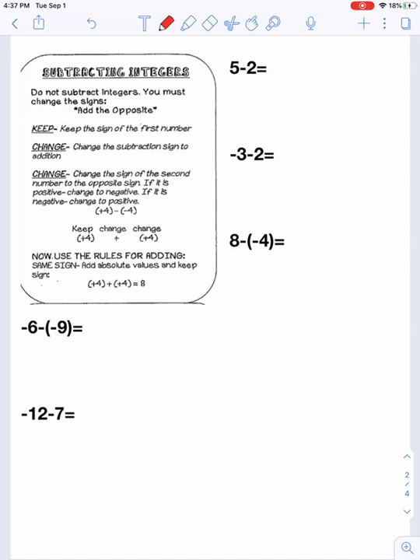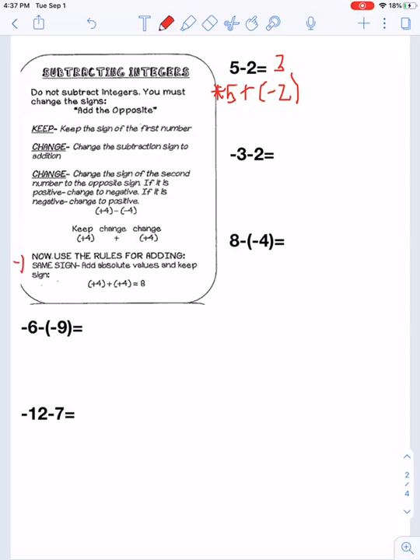I keep the first number the same, so that stays as a 5. I change it to addition. Minus 2. We said 2, so I need the opposite of 2, which is negative 2. Okay? So now we have our addition problem. What we're trying to get to, because we don't subtract.